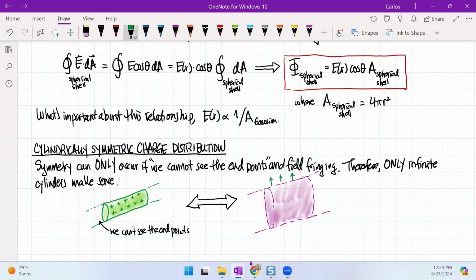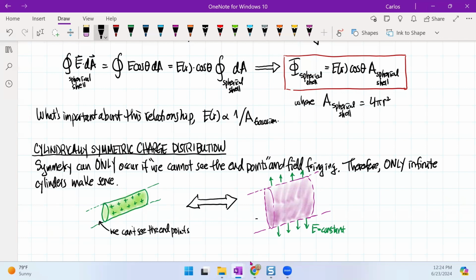The sidewalls can have an E field at the surface that's constant. But unfortunately, it's not going to be that simple. For the Gaussian, we have to look at the sidewalls.